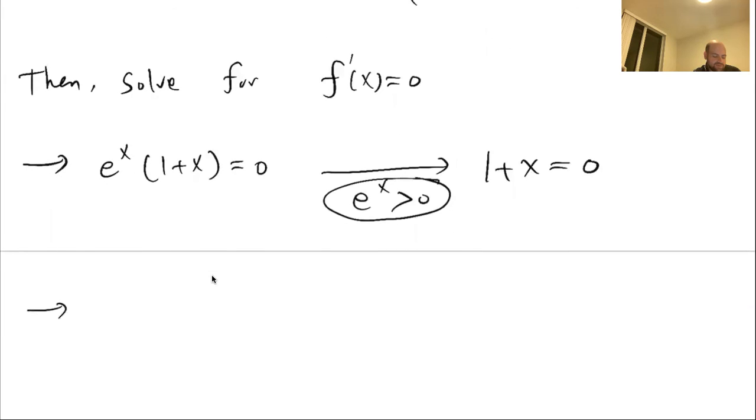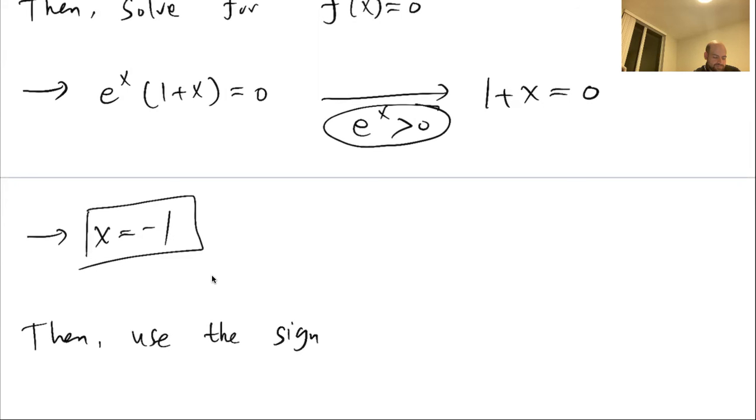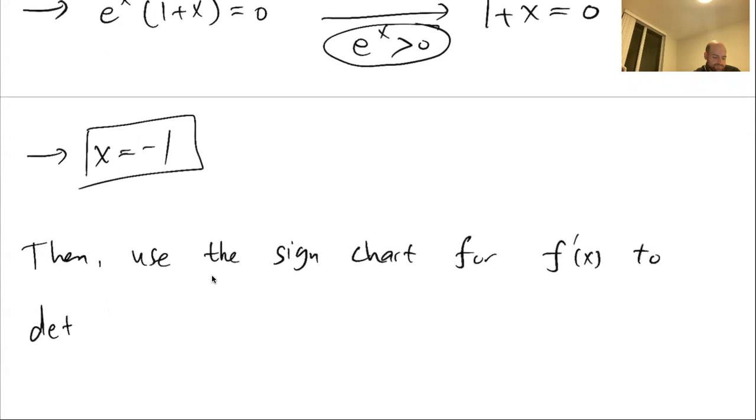And that gives x equals -1. So that's the only root for f prime. Then I use the sign chart for f prime of x to determine intervals of increasing, decreasing.